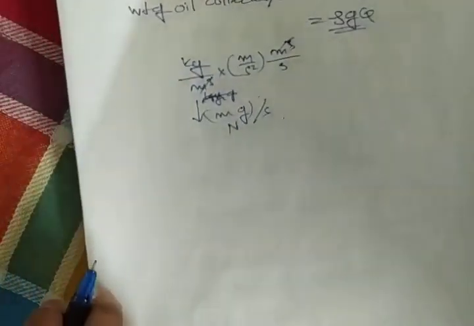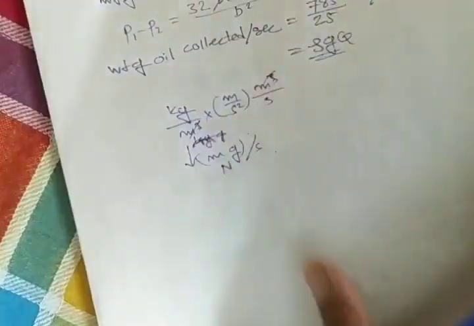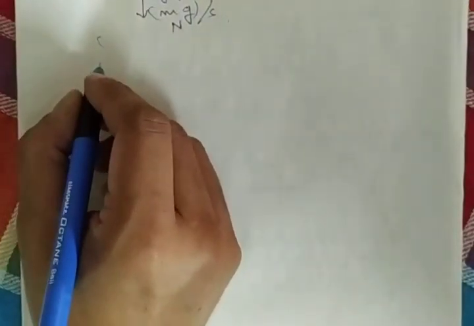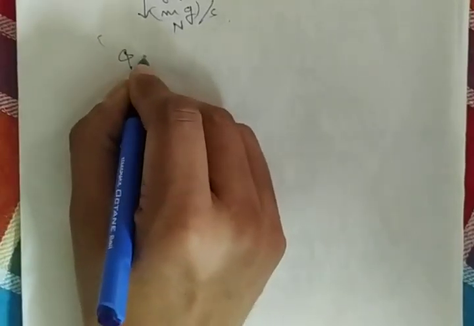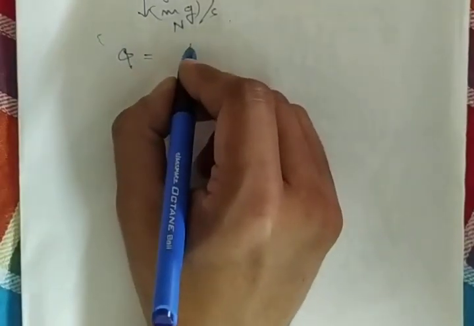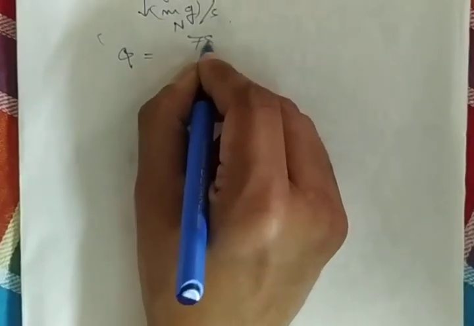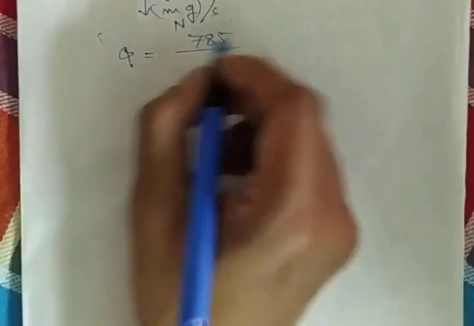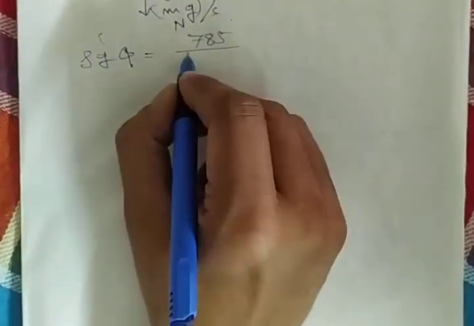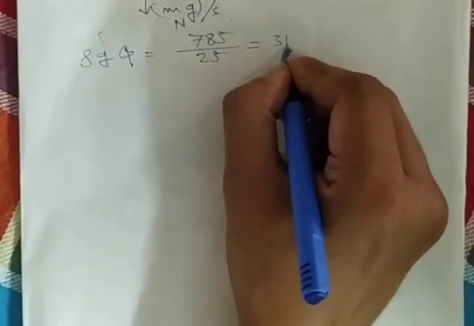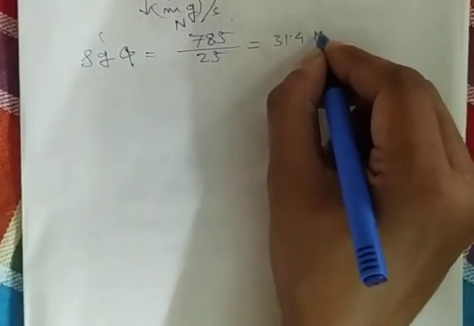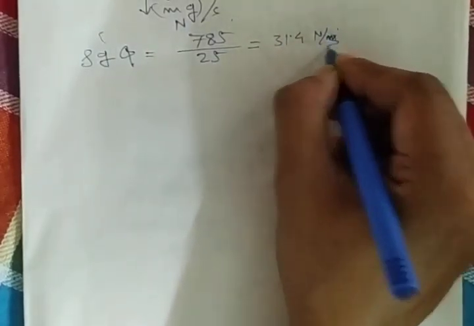So from this you will get Q is equal to 785 divided by 25, which is 31.4 Newton per second, divided by rho g.